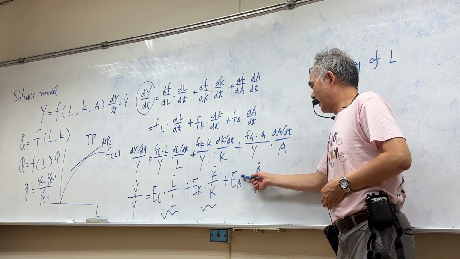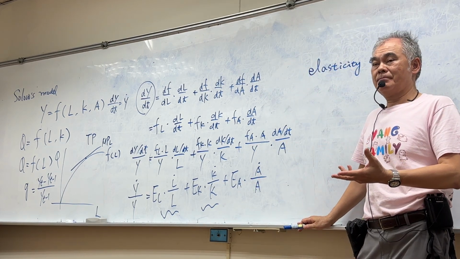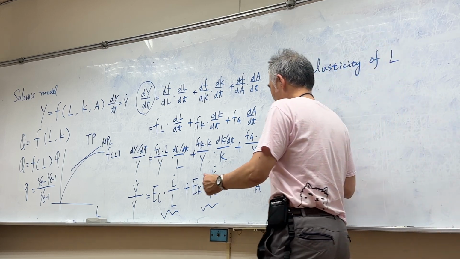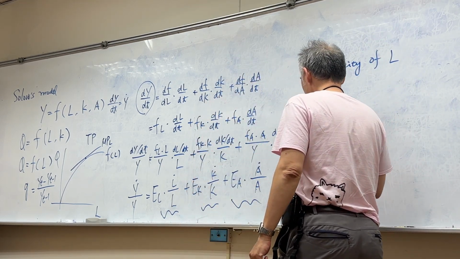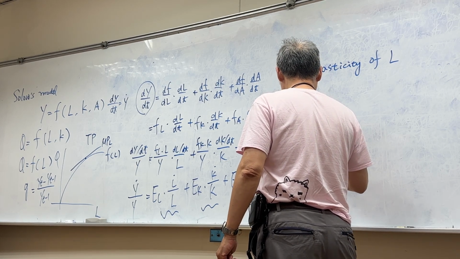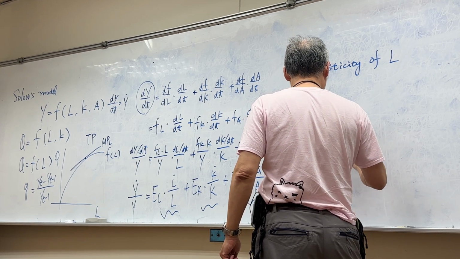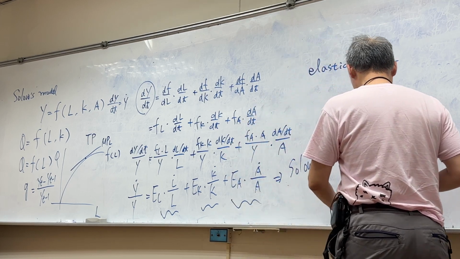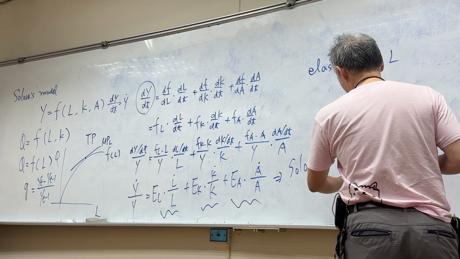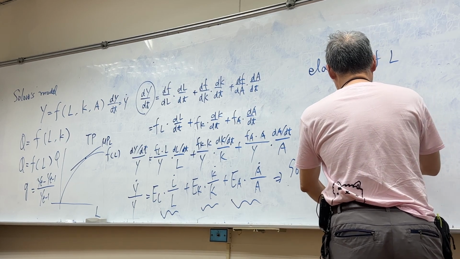But this one, it is hard to grab, it's hard to understand what is going on here. So this one is called Solow's residual. What does that mean?